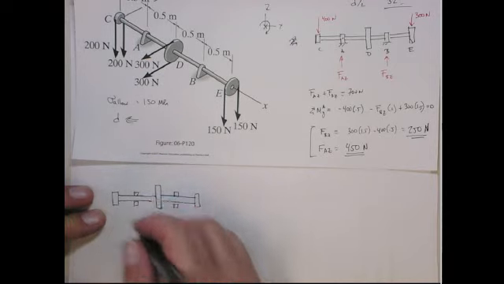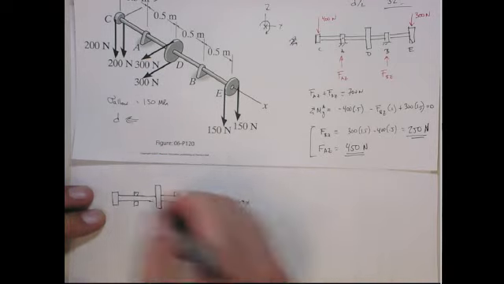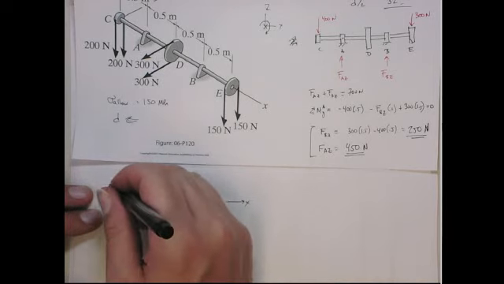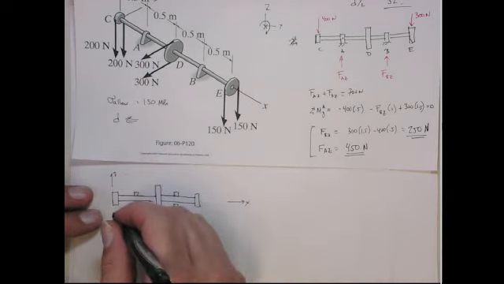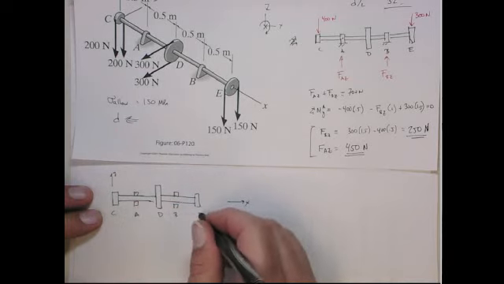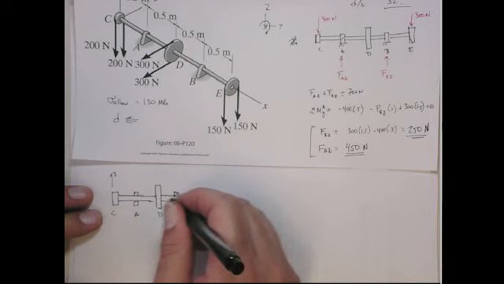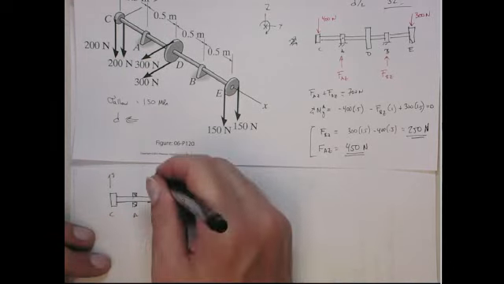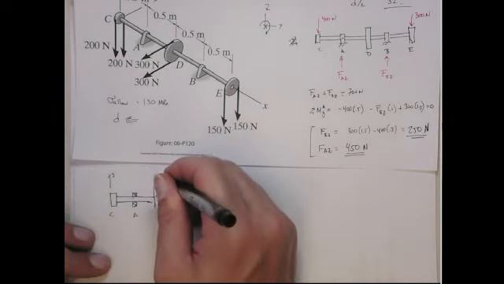Okay, now this is going to be the x-axis, and this is now going to be the y-axis. This is C, A, D, B, and then E. And the only force here is the minus 600 at point D.